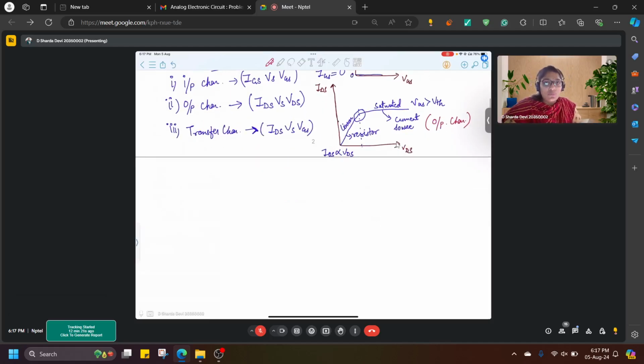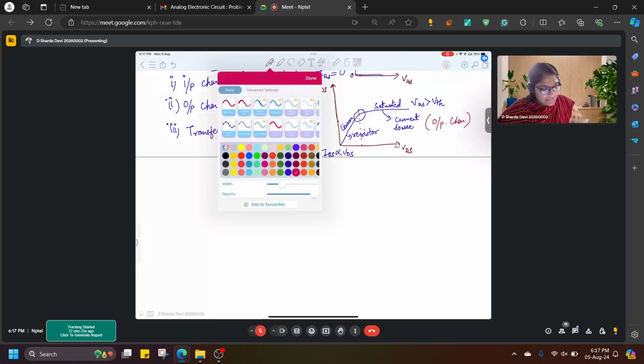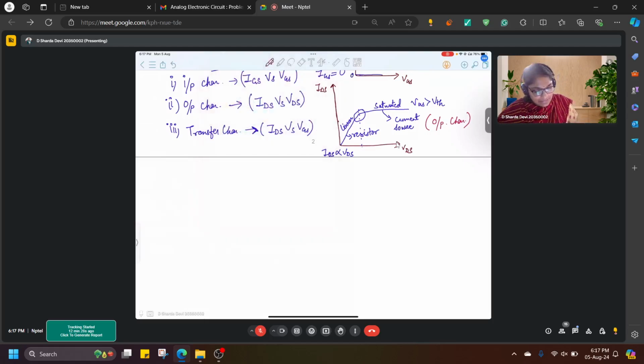Now one of the most important characteristics of the MOSFET is the transfer characteristic. So we'll look into that, IDS versus VGS.